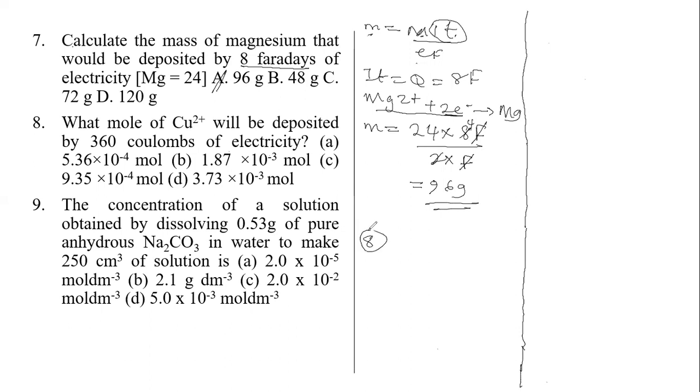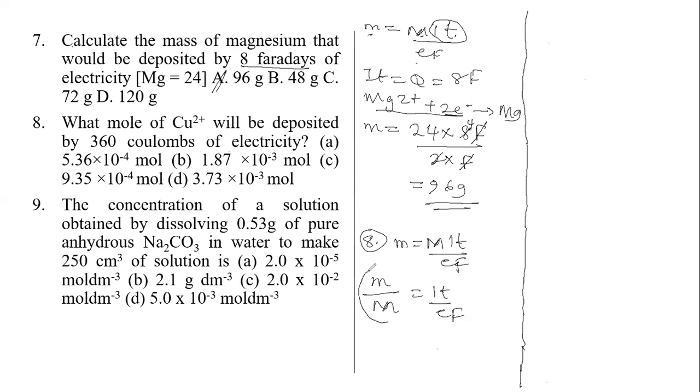Question number 8. What mole of copper 2 plus will be deposited by 360 coulombs of electricity? Now we can recall that M equals MIT over EF. If you divide both sides by M, we have M over molar mass equals IT over EF.